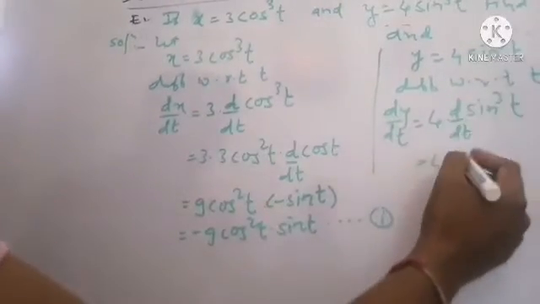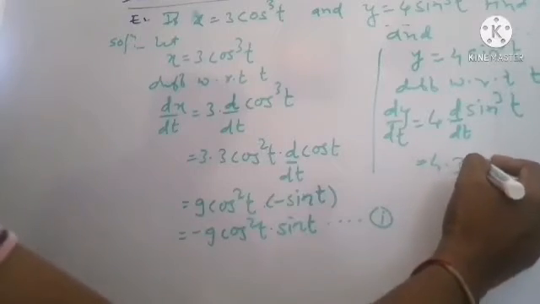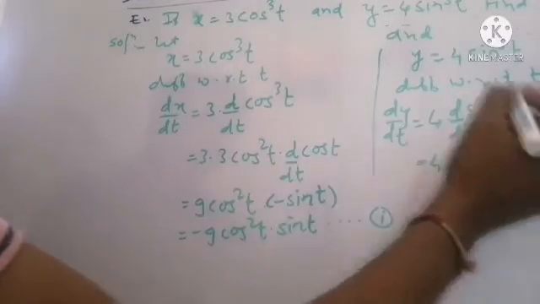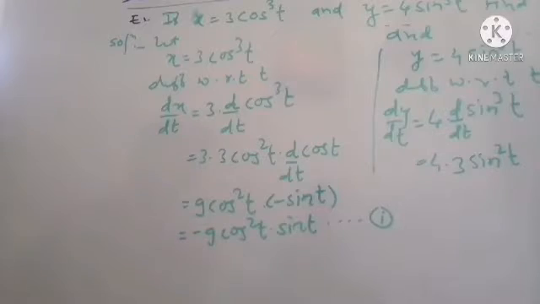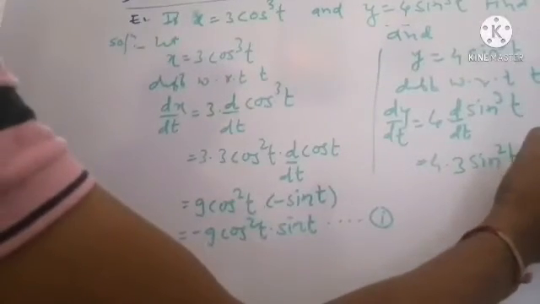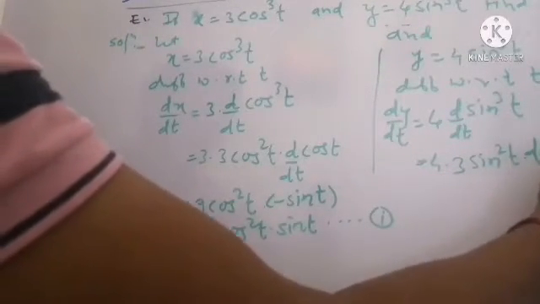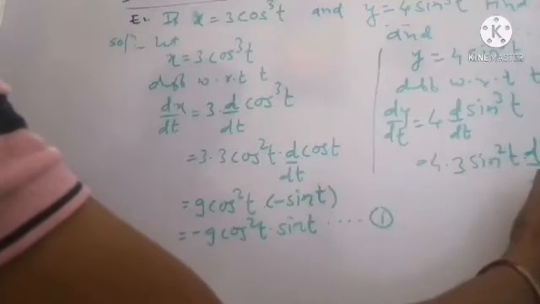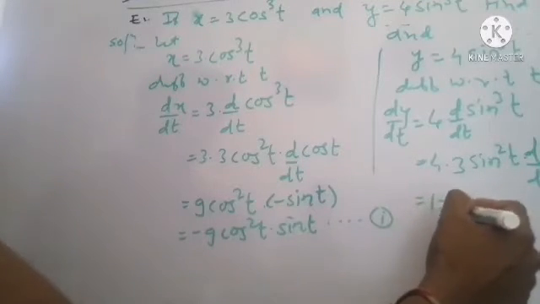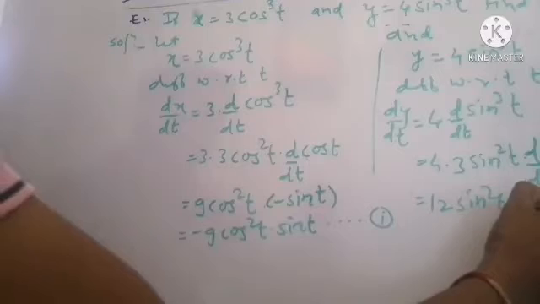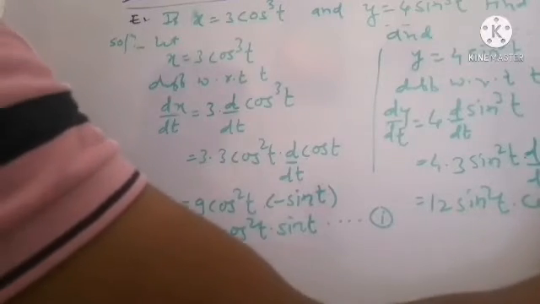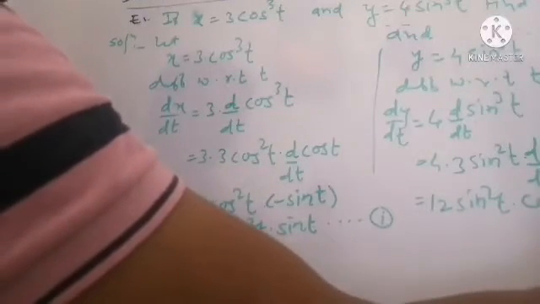Now this is again the same form, a composite function in which the power function's variable is replaced by sin t. So take the power in multiplication with the term and decrease it by 1. Again cube becomes square, and multiply this by the derivative of sin t, and finally 4 into 3, 12 sin square t as it is, and the derivative of sin t is cos t. This is number 2.